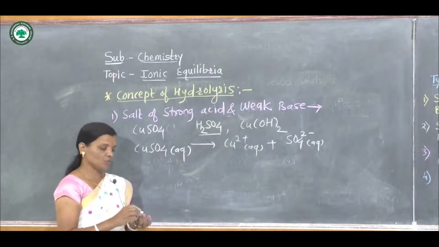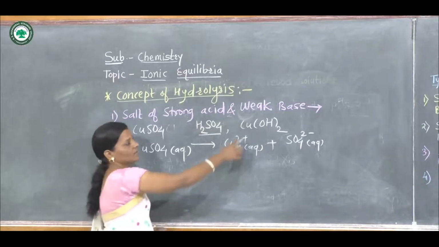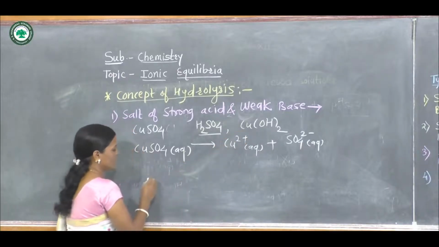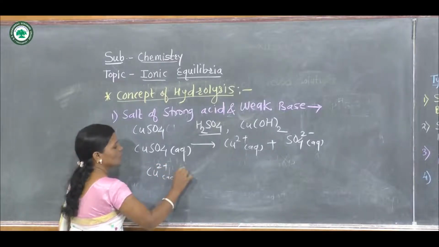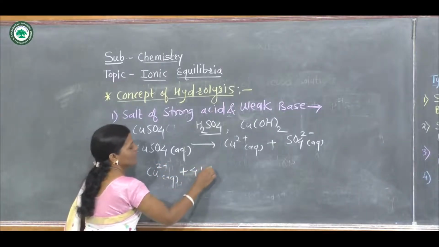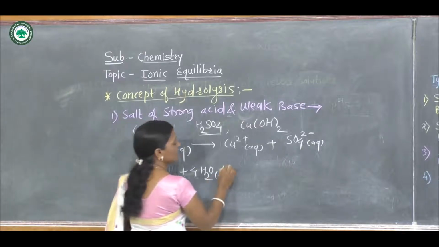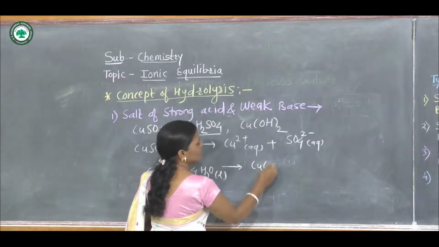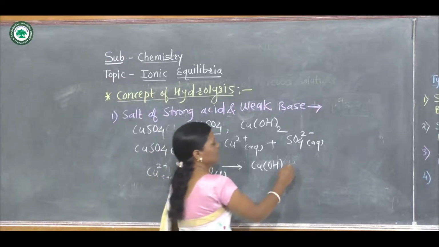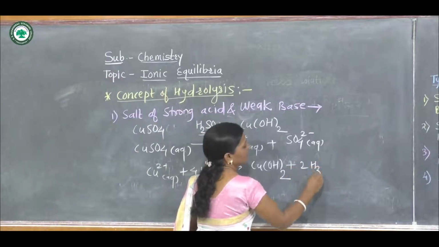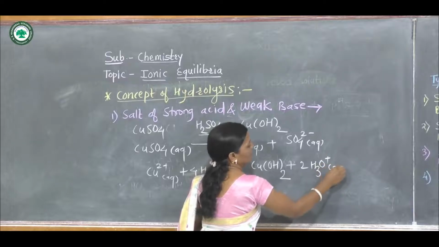But here Cu2 plus ion, that is the ion of this weak base, combines with water ions to form unionized copper hydroxide and hydronium ion.